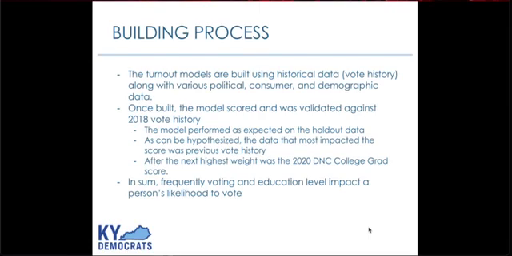So with that, these turnout models were built using historical data, along with various political, consumer, and demographic data. The biggest indicator, of course, for turnout is previous vote history.